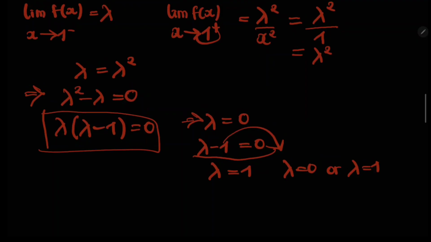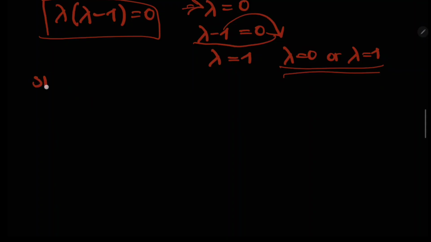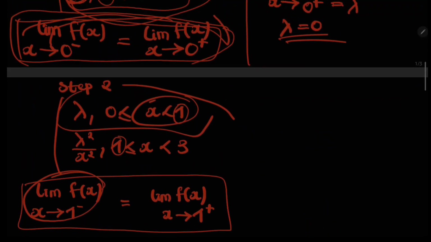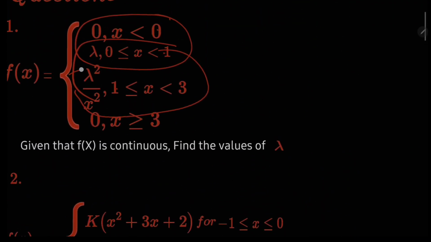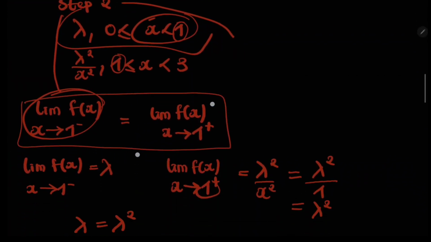Okay, this is it for the second step. Let's go to the third step, step 3. Here we are going to be working with this and these two. Okay, so let's write it down.